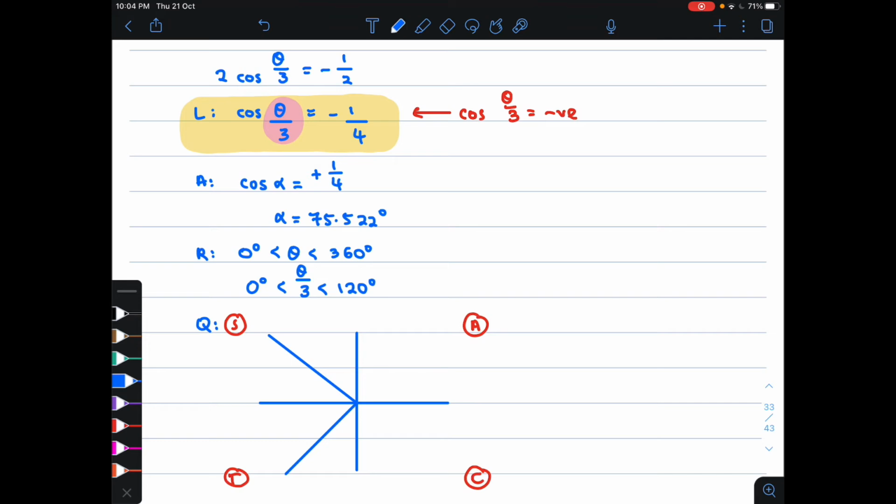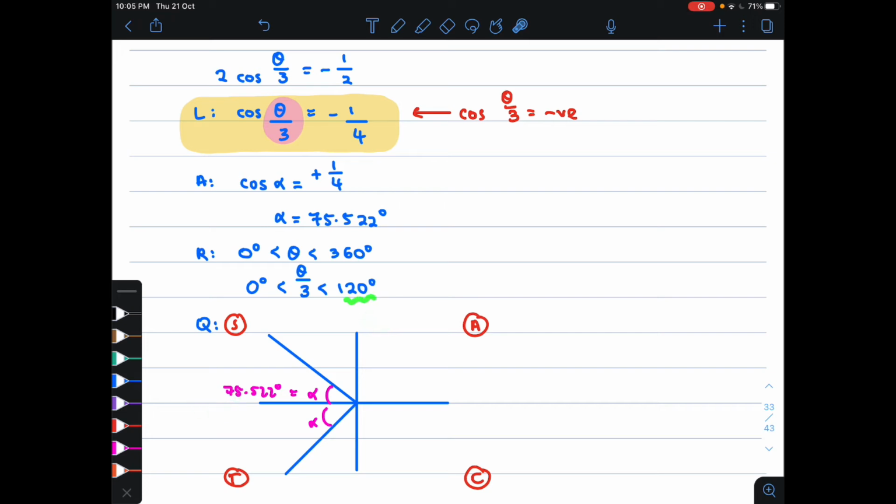So draw a straight line in each quadrant and label your alpha. Note that alpha is 75.522. But don't forget about the range of your answer. The answer should only be between 0 and 120 degrees. So 0 degrees is here, 90 degrees is here, 180 degrees is here.